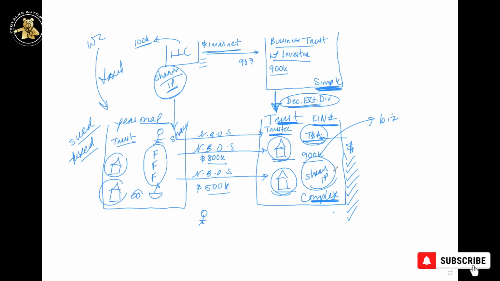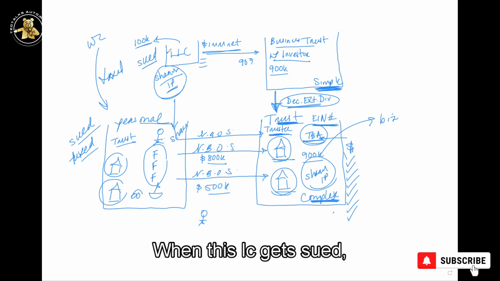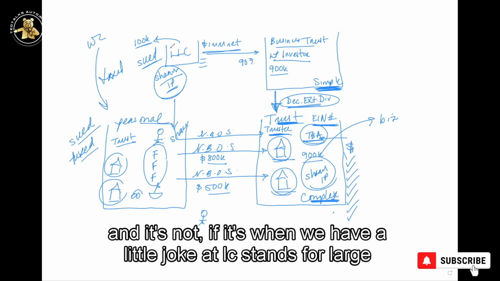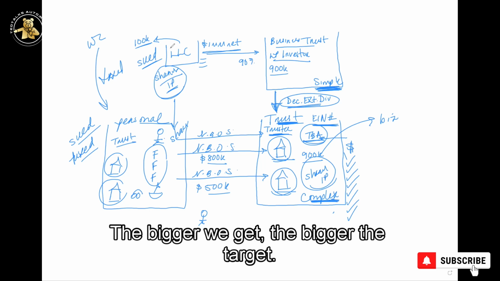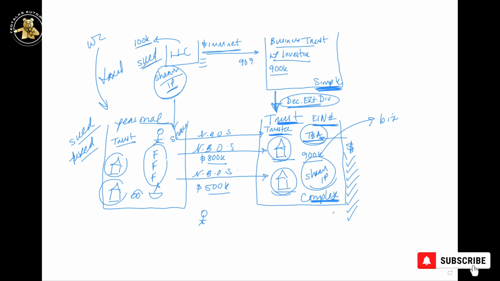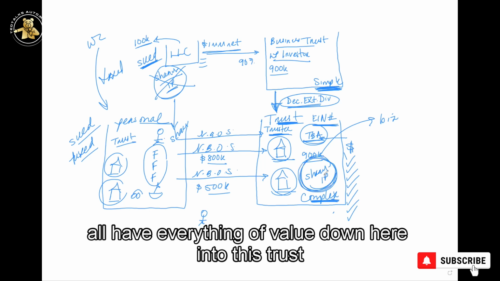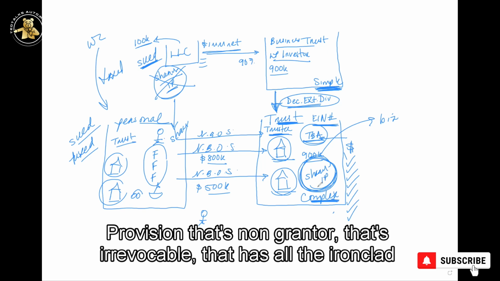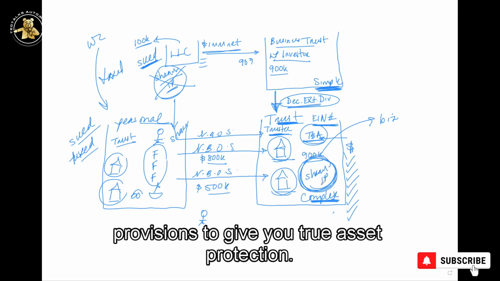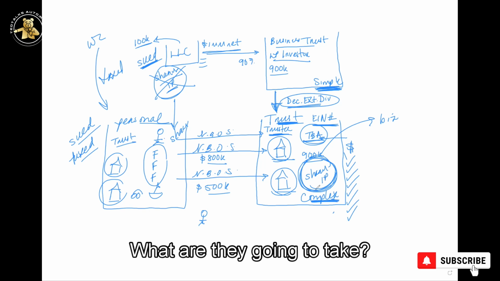So this does two things. When this LLC gets sued, and it's not if, it's when, we have a little joke that LLC stands for large lawsuit coming. You just have your LLC. The bigger we get, the bigger the target. So when you get sued, if you have moved all of everything of value down here into this trust that has a spendthrift provision, that's non-grantor, that's irrevocable, that has all the ironclad provisions to give you true asset protection, what are they going to take?